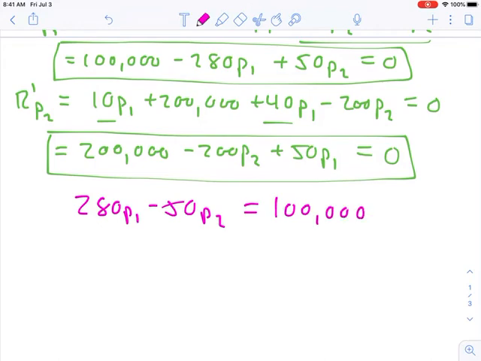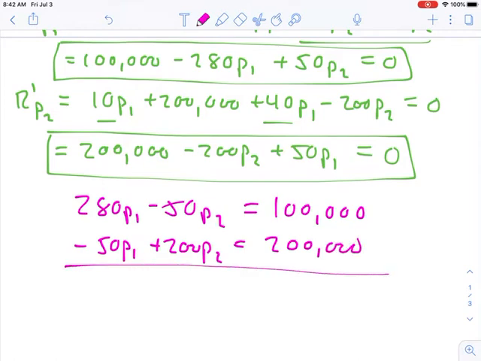Keep my constants positive. And the second one will be minus 50 P1 plus 200 P2 is equal to 200,000.